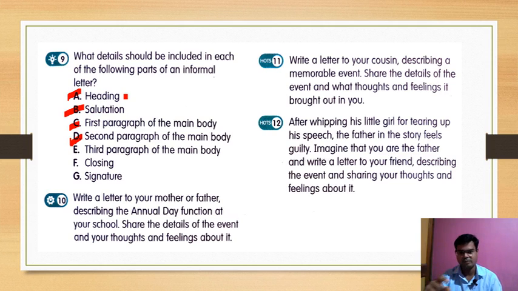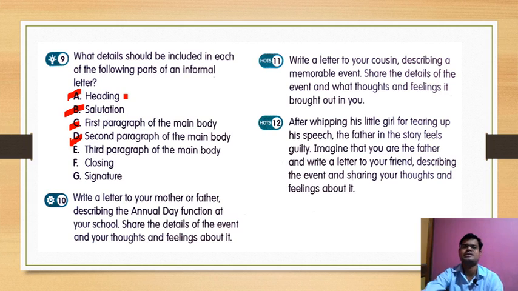Second paragraph of the main body, what you have to do, you have to write your letter in detail about the topic you have chosen, or about the particular issue you are writing the letter for. Third paragraph of the main body, wherein you have to close the things, and closing means the final line. Okay, so awaiting your reply and like that.